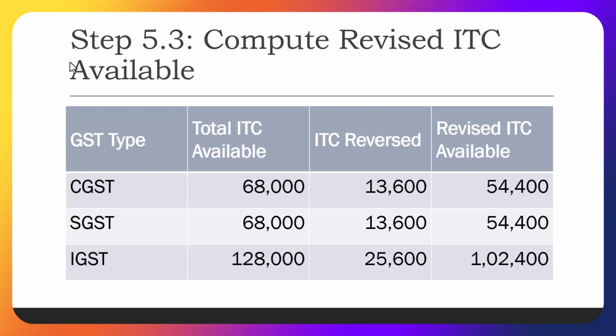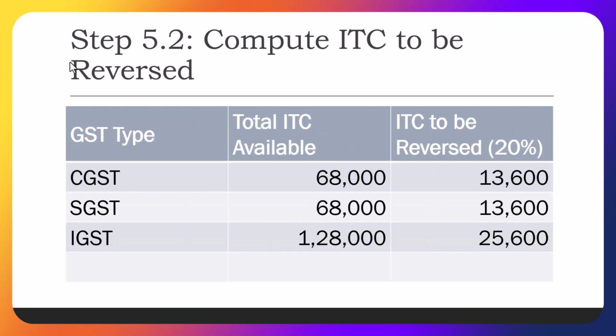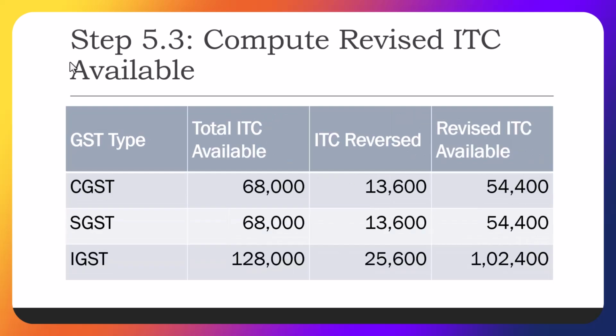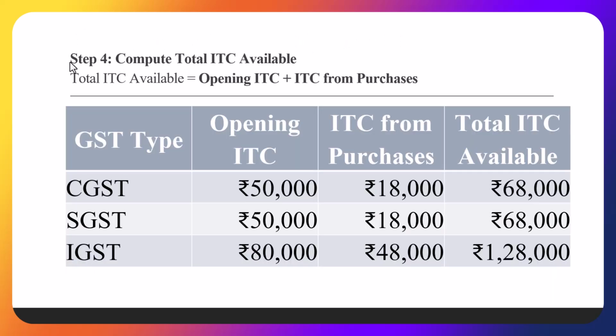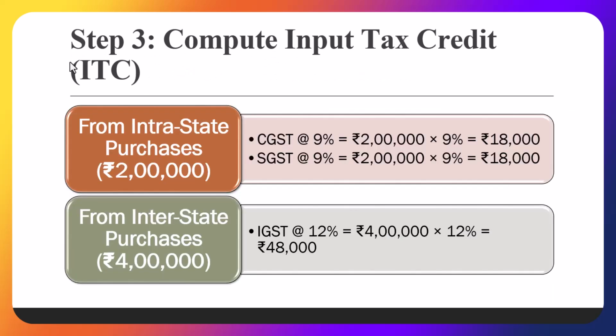SGST is also 54,400. So now 54,400 and 54,400 are available, and the liability is far less than this. But first he is going to exhaust his IGST, which is 1,02,400. So if you look here, how much was the liability?